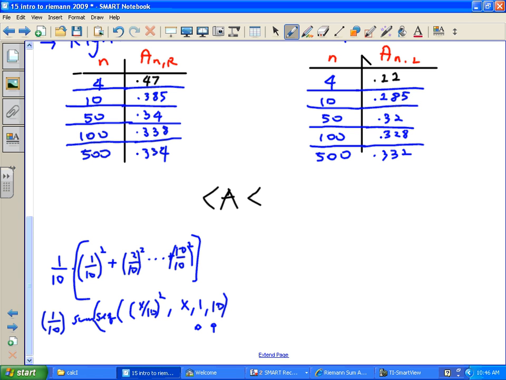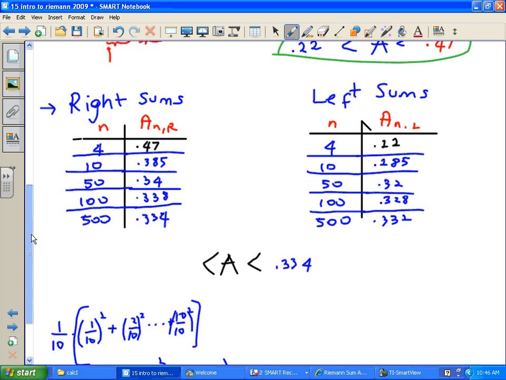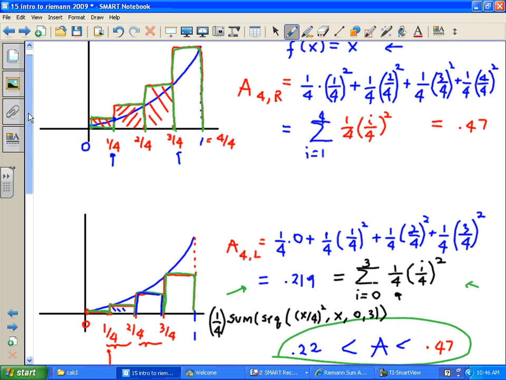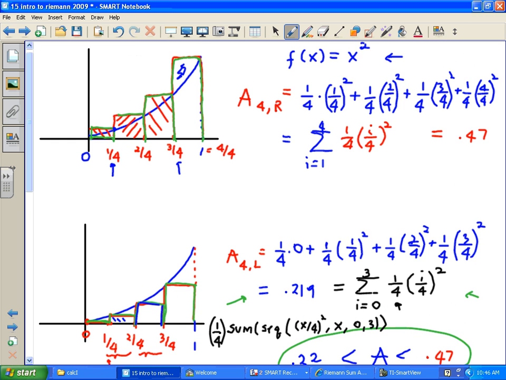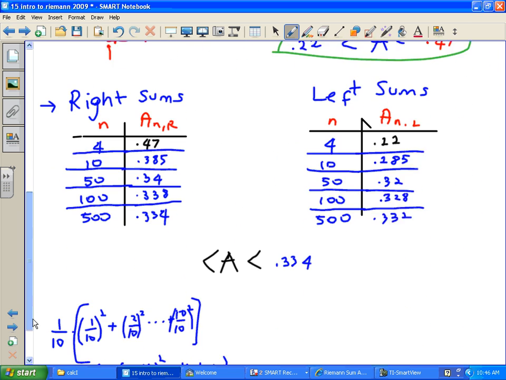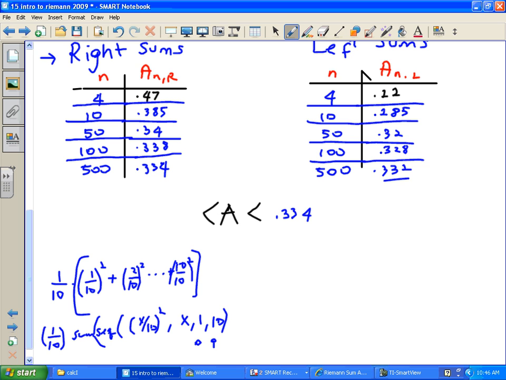Okay, so the right sums are the upper limit. So basically, the correct area should be less than that amount, right? Because you see, the right sums had these extra spaces. So that's an overestimate. And the left sum is an underestimate. The left sum was 0.332. So we have a pretty good idea about what this is going to be, right? What do you think the area under that curve is roughly equal to?